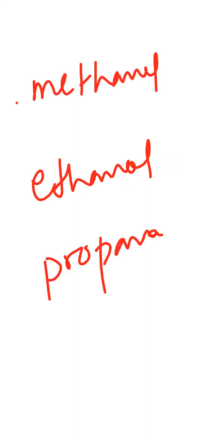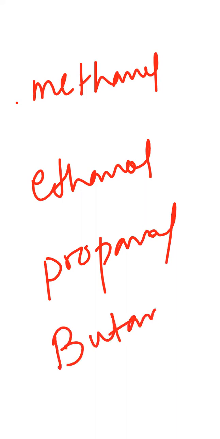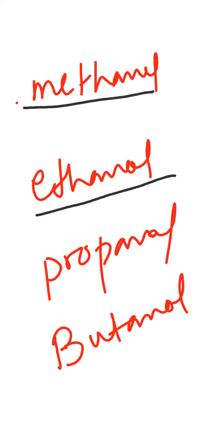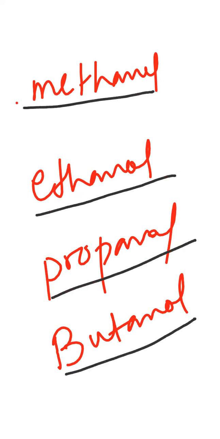The alcohol of ethane is ethanol. The alcohol of propane is propanol. Same for butane, it will be butanol, and so on, pentanol, hexanol. Methanol, ethanol, propanol, butanol are alcohols, and all are flammable.